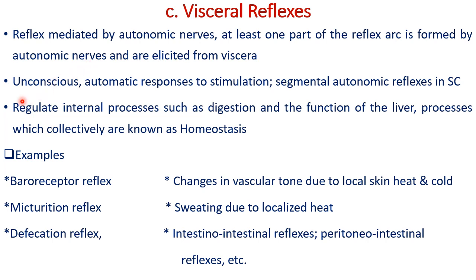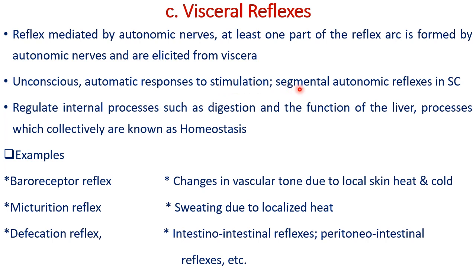They are unconscious, automatic responses to stimulation, like the somatic reflexes. But here, instead of the somatic receptors, we have the visceral receptors, and the effectors take somewhat more time to respond. So the visceral reflexes are slightly slower if we compare them with the somatic reflexes.